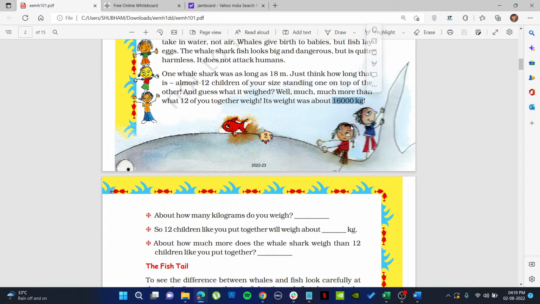Okay, so it means that to figure out how much more the whale shark weighs than 12 children, we will be subtracting 360 from 16,000 kilogram.